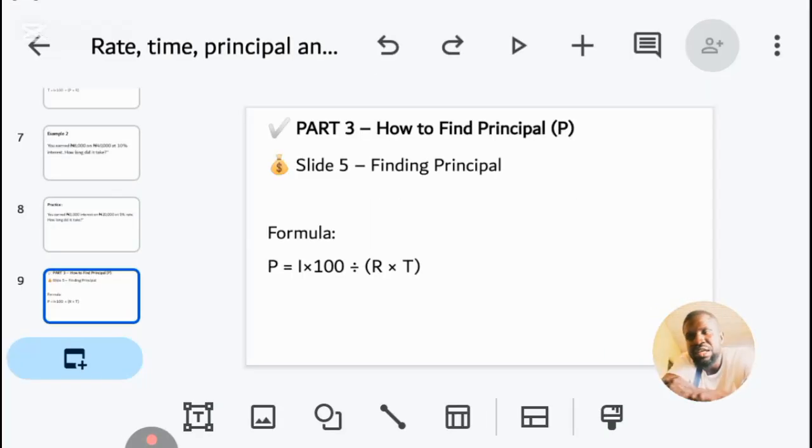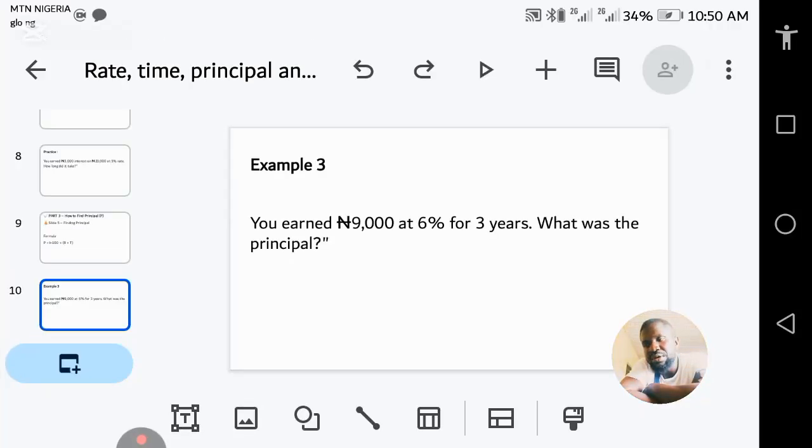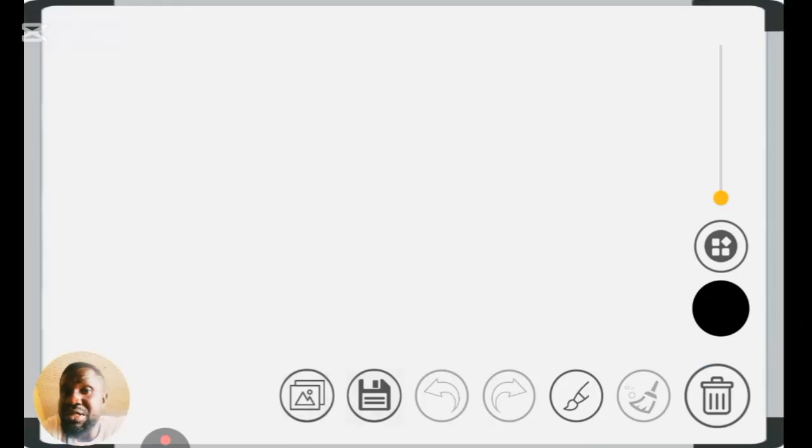Let's learn how to find the principal, the original money. Now the question is example 3. It says you earn 9,000 naira at 6% for 3 years. What is the principal? Remember, the principal is the amount you use in starting the business or the money you borrowed from the bank. Okay, now the first thing we do is write up our formula for principal.